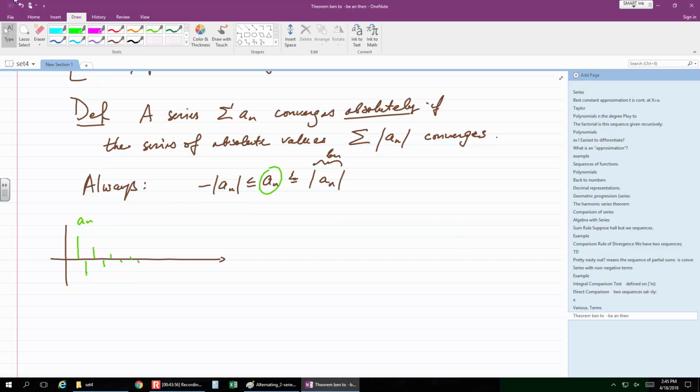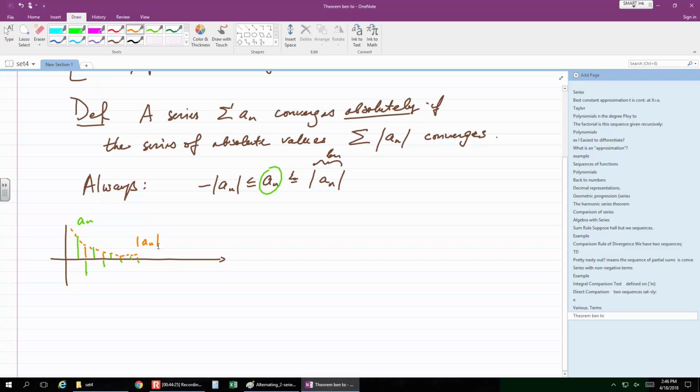Okay, so let me just try to plot this. So this is a_n. Let's plot the other two sequences. One will be positive terms. That's what's on the right. So every green bar that is below the x-axis, I pull it up like this. I turn it upside down like this. So then this becomes absolute value a_n.